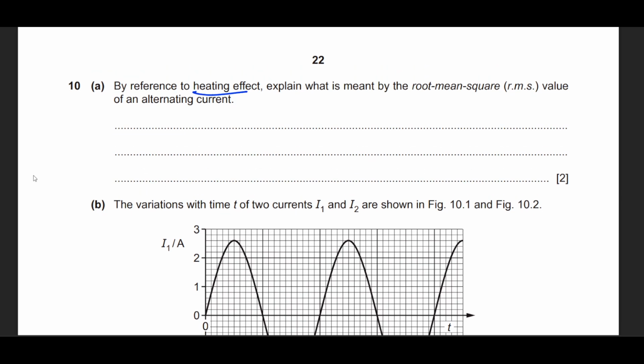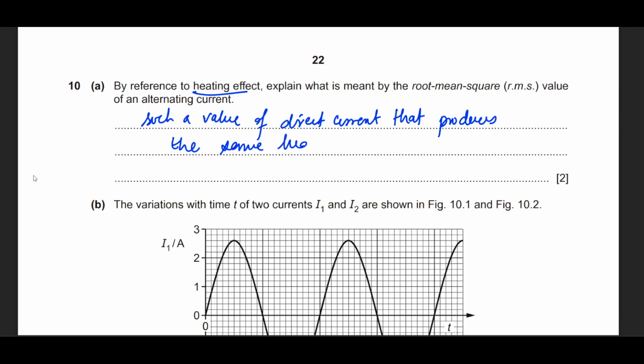So this is the definition of RMS current or RMS values: such a value of direct current that produces the same heating effect as an alternating current would do.